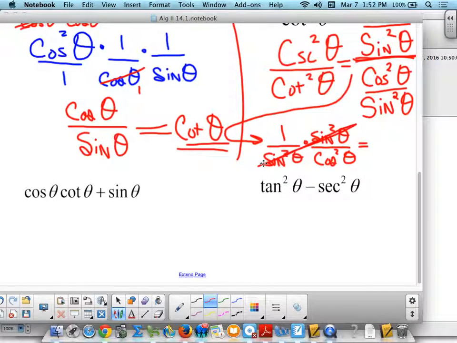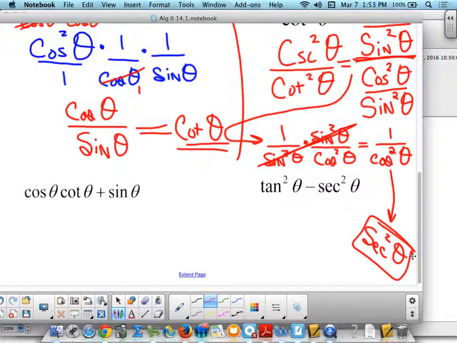And now it becomes 1 over cosine squared theta. Anytime you see 1 over a trig function, you should go back to the cleaner side. That's just secant, isn't it? Secant squared. That is the cleanest look we can have. 1 over cosine squared is just secant squared. Okay, that is a big mess, but yes, that's how you do it.